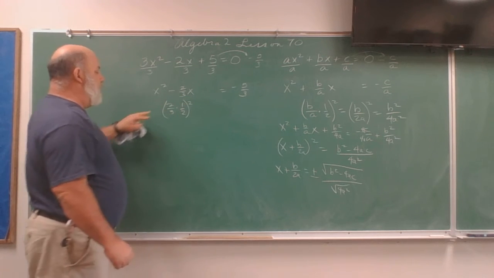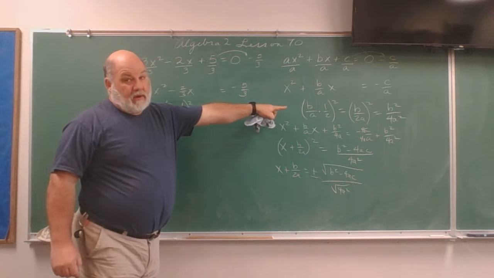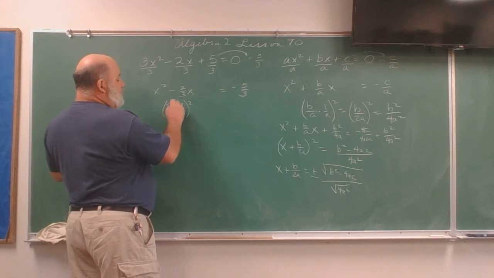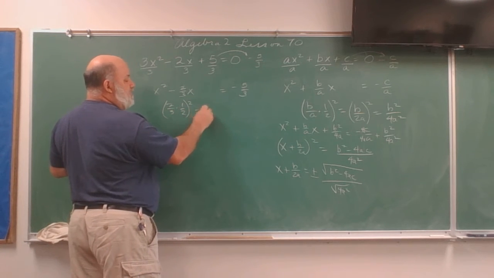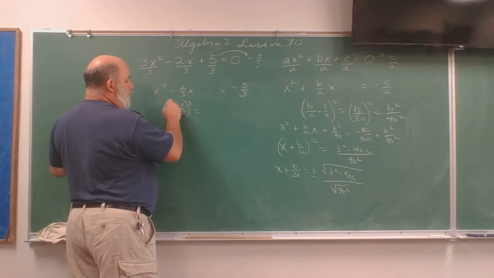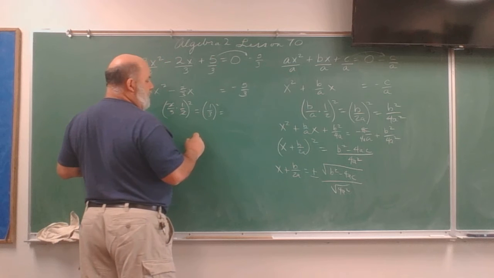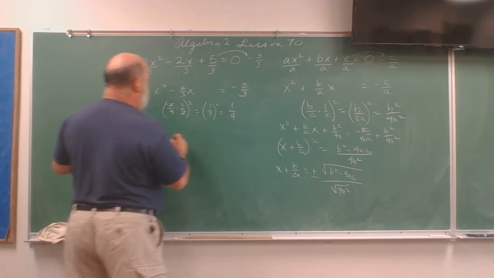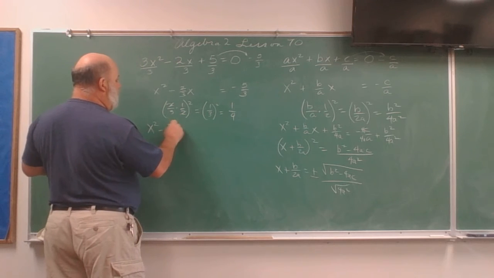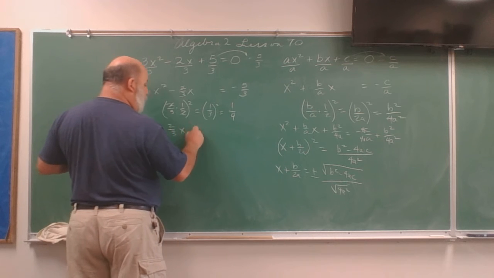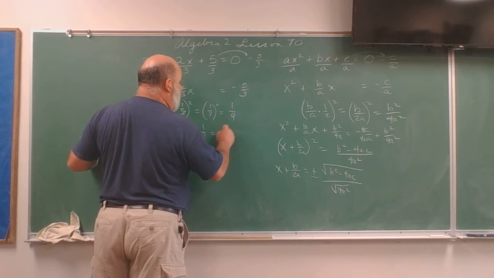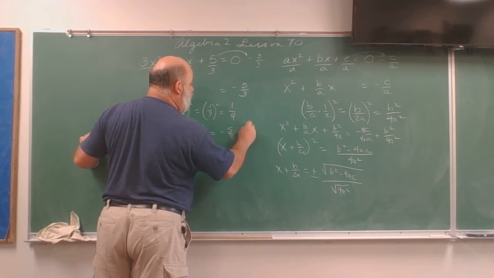2/3 times 1/2 quantity squared. Just like we had to multiply by 1/2 there. Don't write 2/6 squared. It is 2/6, but the 2's cancel. It's 1/3 squared. And that is 1/9. So I have x squared minus 2/3 x plus 1/9 equals negative 5/3 plus 1/9.